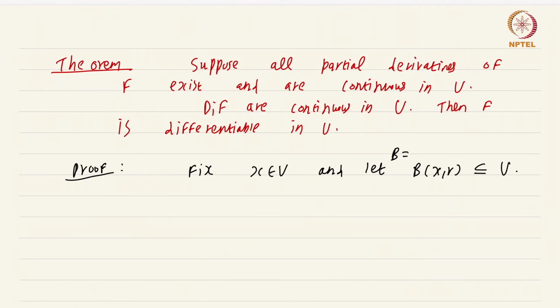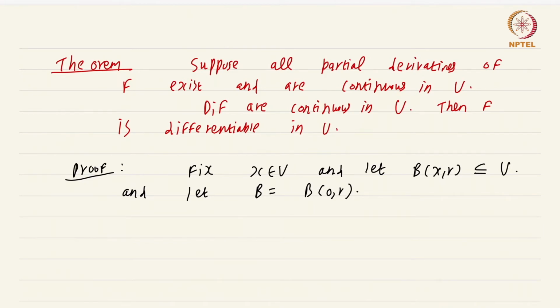Just a moment, I made a slight error. So let B(x, r) be in U and let B be equal to B(0, r), not B(x, r). You will understand in a moment why I'm making this change.